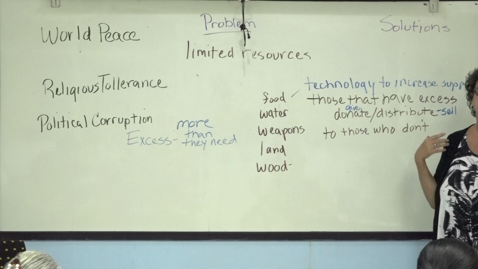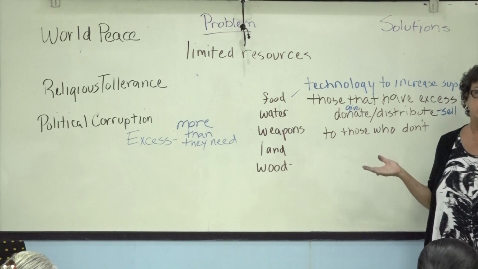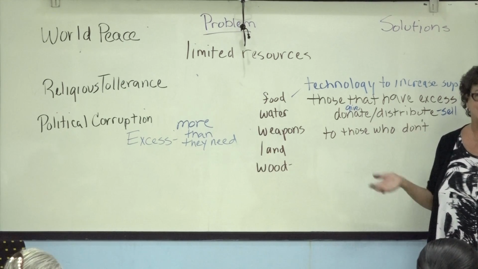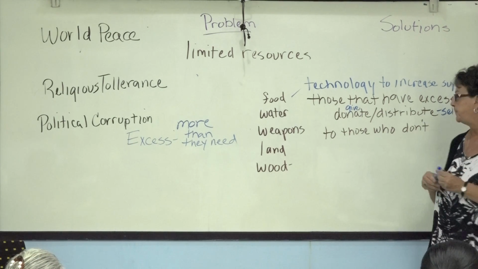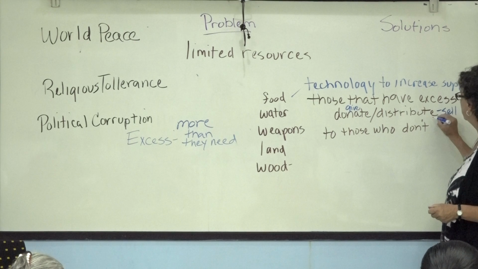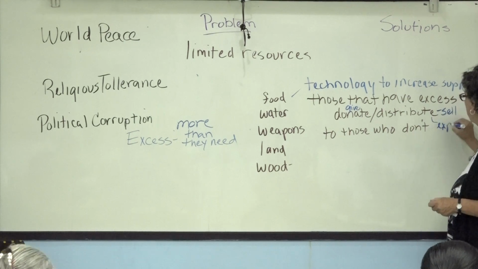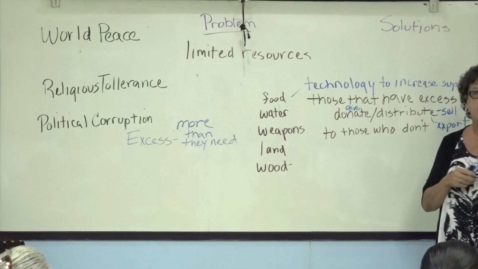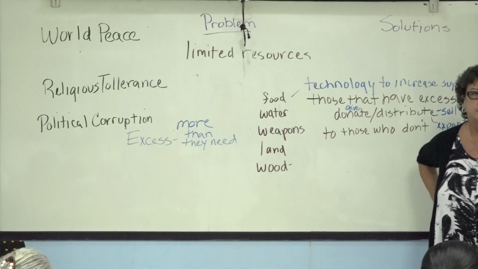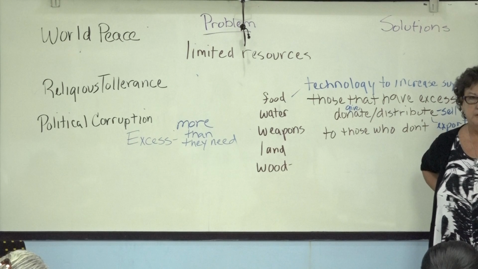We overproduce in my country. We've got a very large country. We overproduce some things. So we export, distribute, we sell, we export to countries that don't have access to what we have, or that we have plenty of.